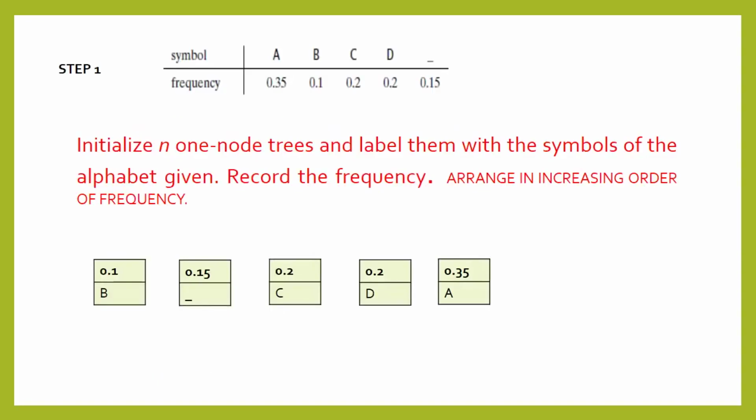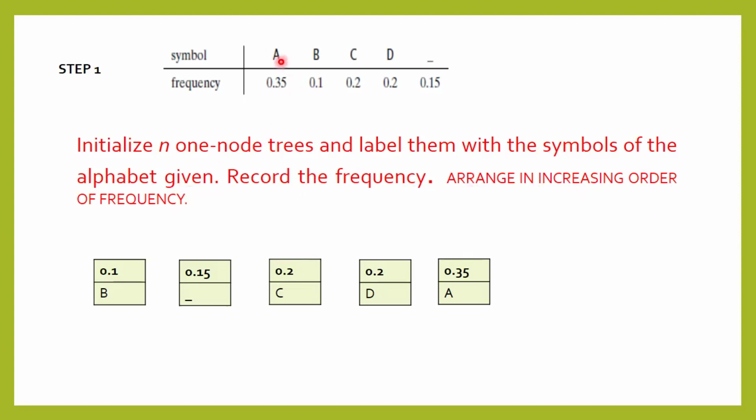Here we have noted down the symbol and frequency. And what's the first step? First step says initialize n one-node trees and label them with the symbols of the alphabet given and record the frequency. And very important, arrange them in increasing order of frequency.